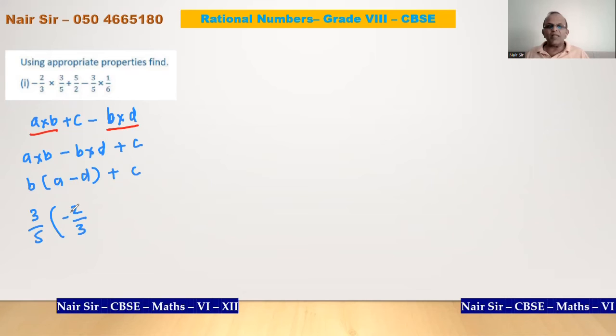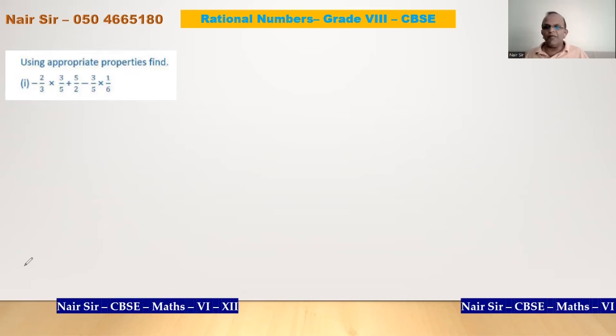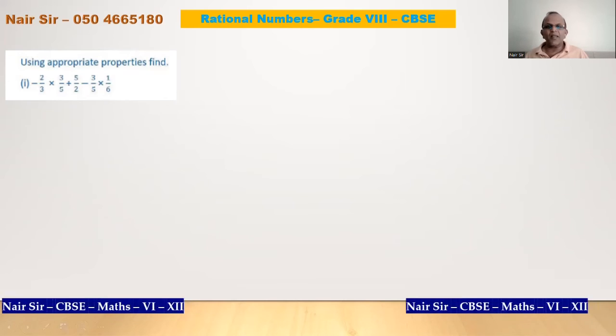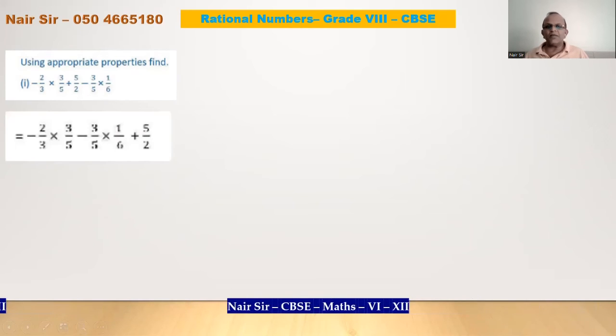Minus 2 upon 3. What is D? D is 1 upon 6. Plus, and you can solve this. I'm not doing this, you can do it. But if you want the answer, here's the answer.